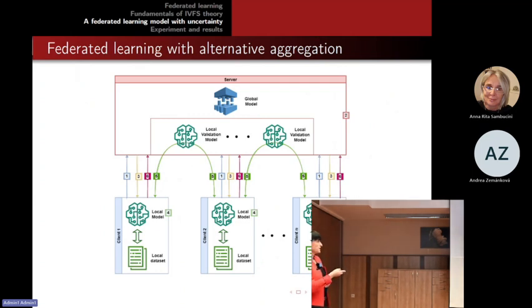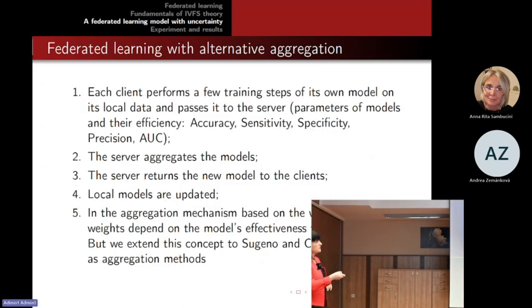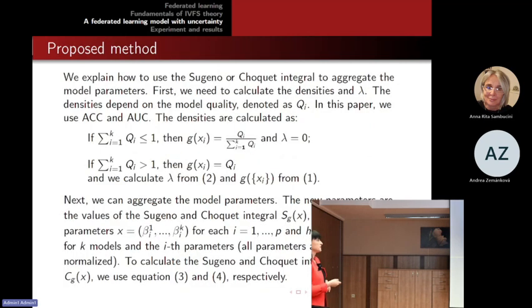After aggregation, based on the parameters and effectiveness of each model, we obtain new values of these parameters. So here we see that we will send to servers the effectiveness parameters, and finally we will see results for arithmetic mean and Sugeno and Choquet integral to compare results.